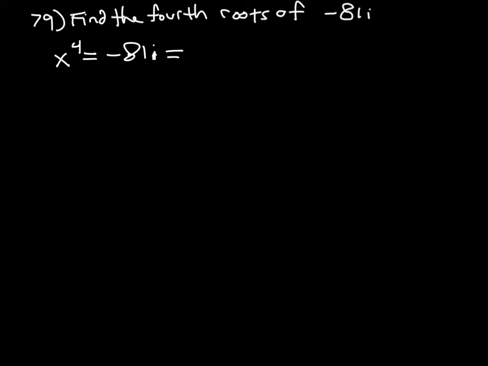So really this is 0 minus 81i, and make my little picture. That's going to be down here. Okay, so I could tell you right now that this is x to the fourth equals, my radius is 81, no negative radius, cosine I sine, and my angle is 270.